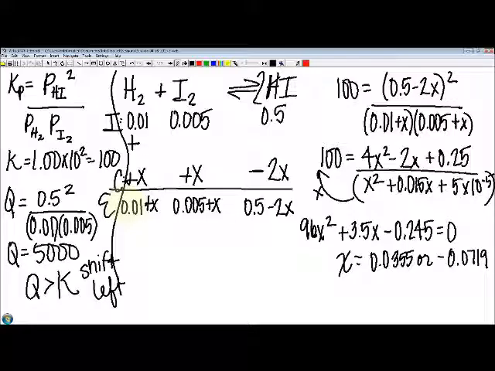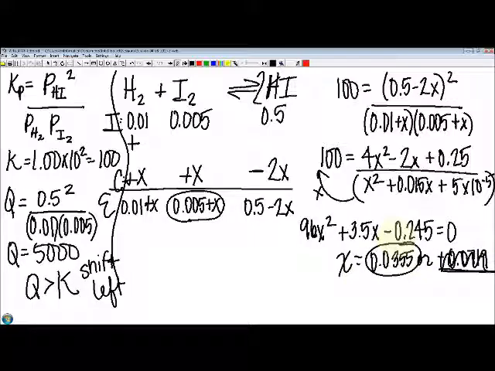So we have to think about what is going to give us the best answer. And again, since the numbers are so small, for example, right here at I2, if we were to subtract by the negative number, we would get less than 0. So that means that the negative number cannot be x. So that means the 0.0355 is x.